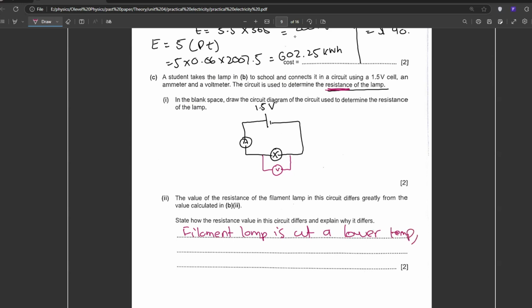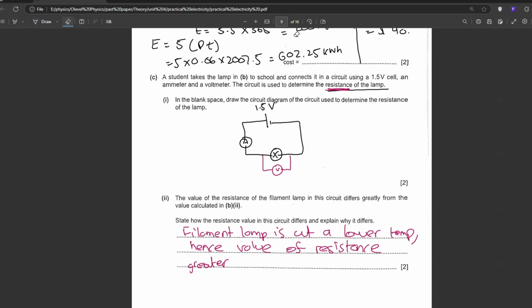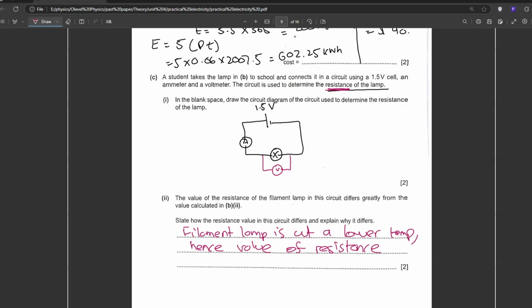Hence the value of resistance is lesser, because at room temperature the filament lamp has a lesser resistance. Simple.